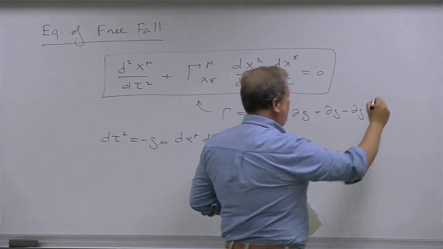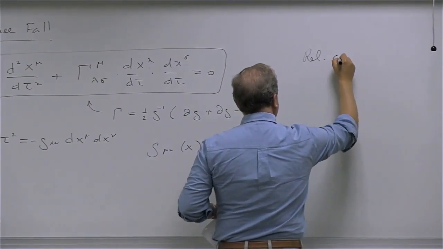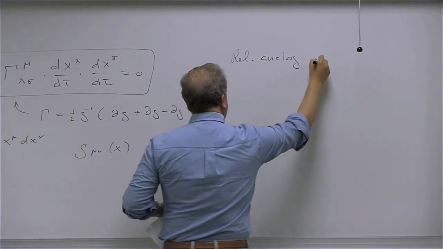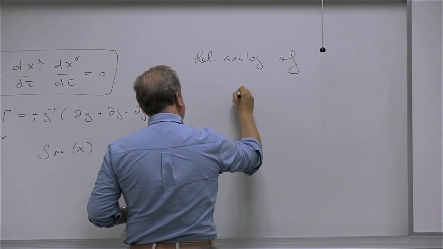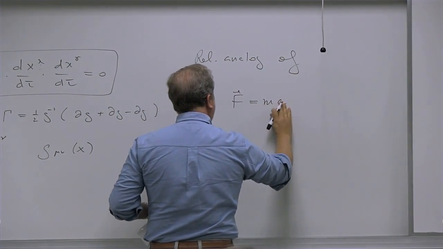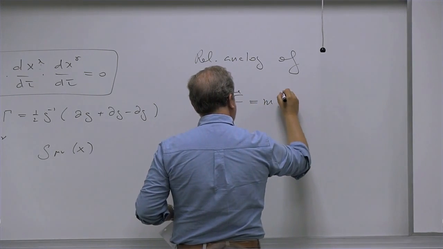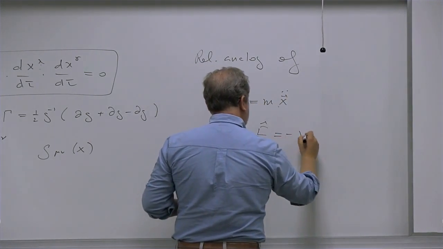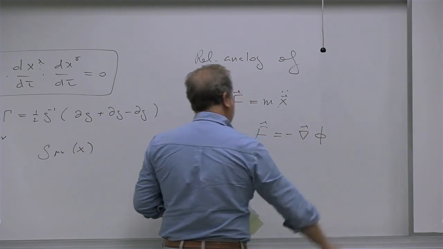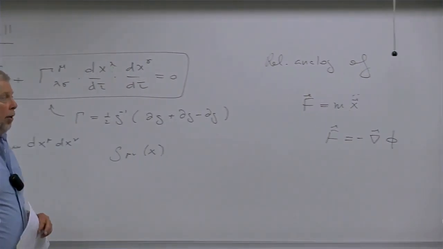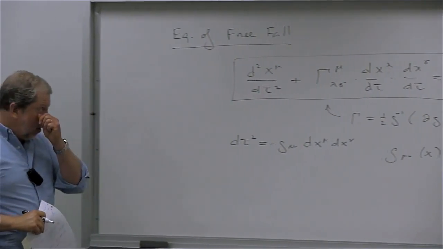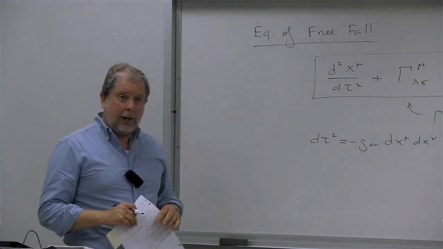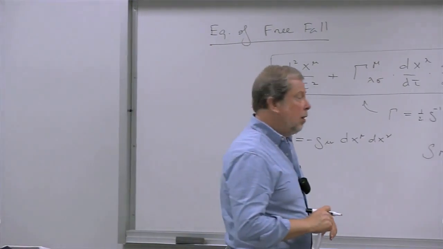So this is the relativistic version of F equal ma, or x double dot, where F is minus the gradient of some gravitational potential. So this is the relativistic analog of that equation, and it is completely equivalent to it.